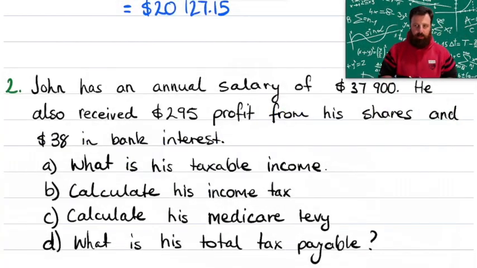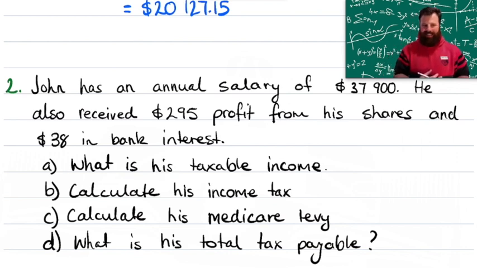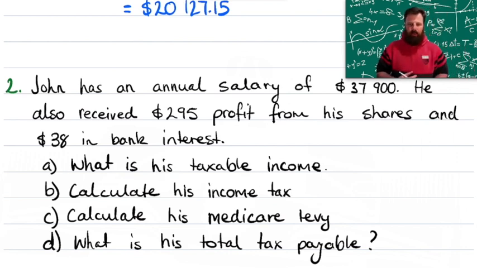So example 2 here. John has an annual salary of $37,900. He also received $295 profit from his shares and $38 in bank interest. We're going to use that information to answer these questions. This one's a bit of a longer question, but it's going to step you through everything we need to do to figure out how much tax John has to pay.